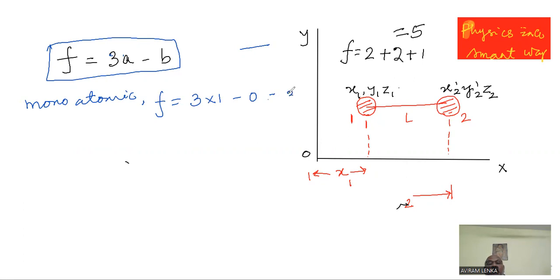So for a monoatomic gas, that is 3. Next, for a diatomic gas, the degree of freedom is 3 times the number of atoms, 2, minus the bonds. Between the 2 atoms we can think of only a bond, maybe single, double or triple, doesn't matter. So number of bonds equals 1, so 6 minus 1 equals 5.